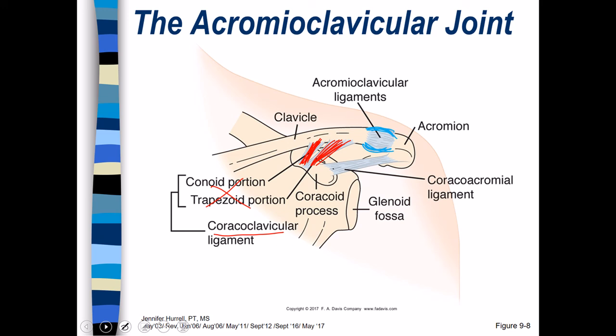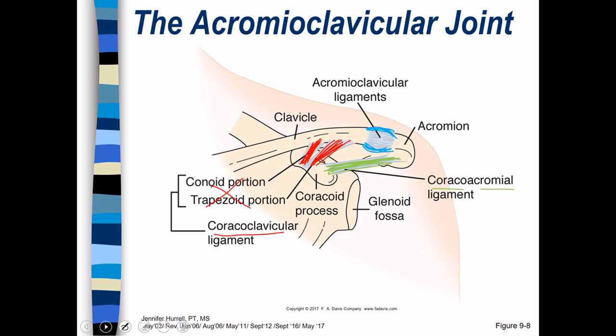And finally, we've got the coracoacromial ligament, which runs from the coracoid process to the acromion process. So the name tells us that, right? Coracoacromial. But the coracoid process is on what bone? The scapula. The acromion process is on what bone? Also the scapula.